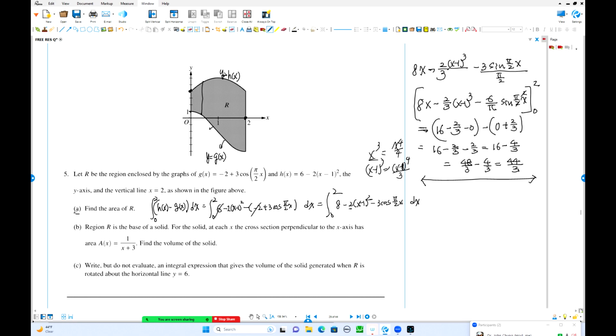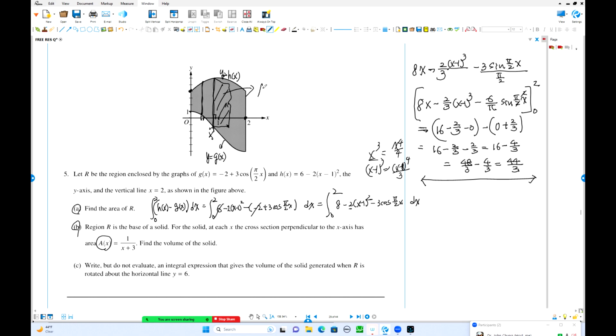All right, part B. The region R is the base of a solid. For the solid, at each x, the cross section perpendicular to the x-axis, this is the x-axis this way, has an area given here.